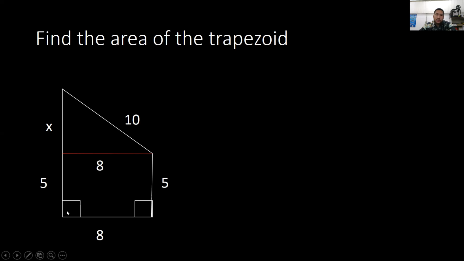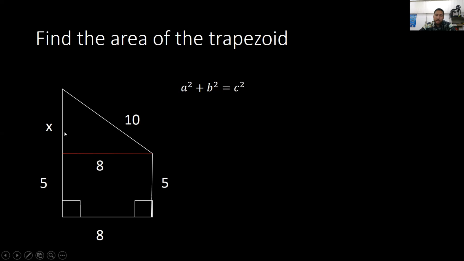So we can use the information from before, it's called the Pythagorean theorem, which is a squared plus b squared equals c squared. As we can see, this long leg is facing the 90 degree, which is the hypotenuse. Then for the other ones, you can use a and b.